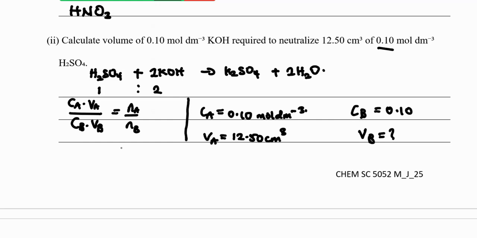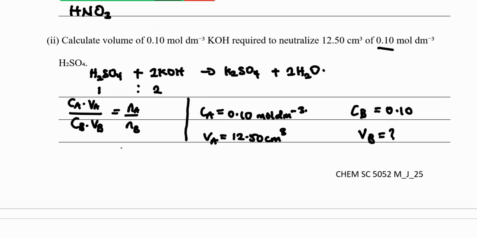Now, number of moles. Before we get to the number of mole, if you notice, our concentration is in mole per dm cube and our volume is in centimeters cube. Dm cube and centimeters cube are both units for volume, so we have to stick with one unit to be able to solve adequately. We can end up making our answer for volume in centimeters cube, but we'll have to convert this centimeters cube to dm cube, so everything is uniform and we have a standard unit.